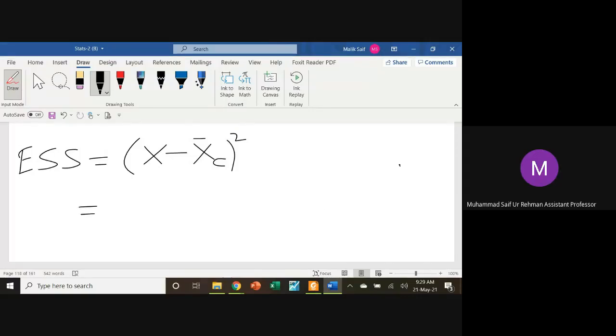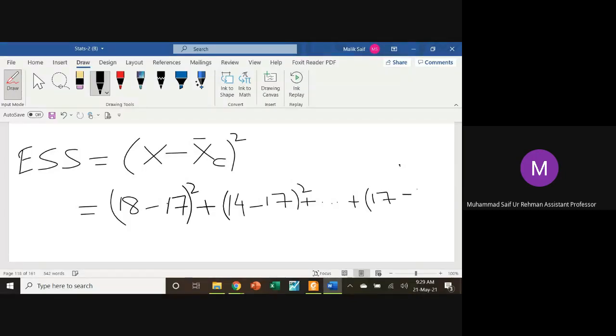So you will write down the first value, 18 minus 17 square, plus second value 14 minus 17 square, plus so on, and finally the fourth value, 17 minus 17 whole square.